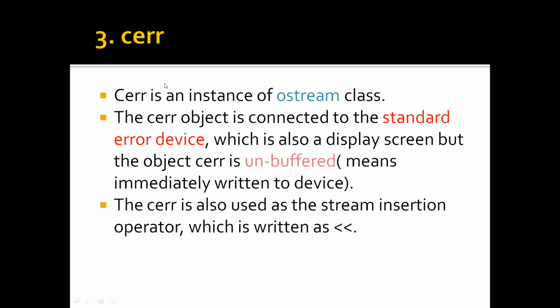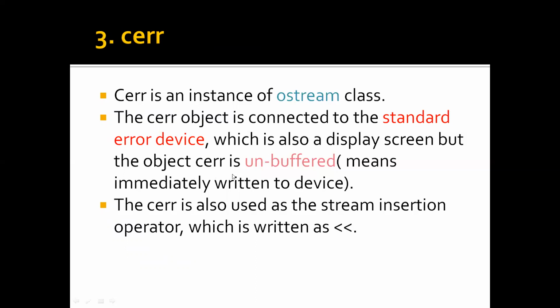cerr is an instance of the ostream class. Ostream is nothing but output stream. This cerr object is connected to the standard error device, which is also the display screen.